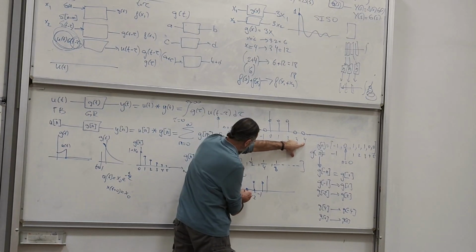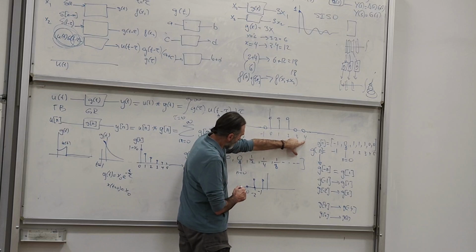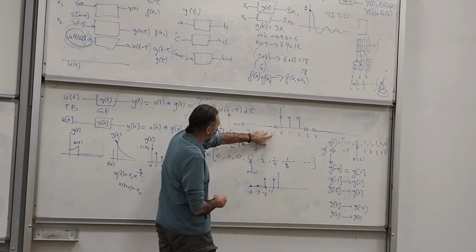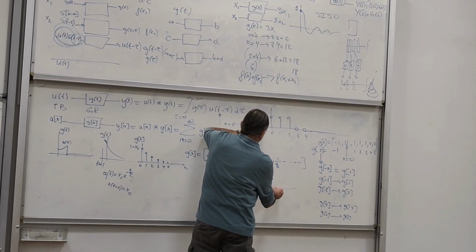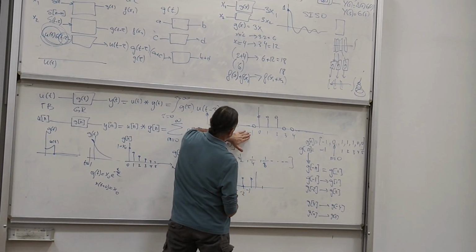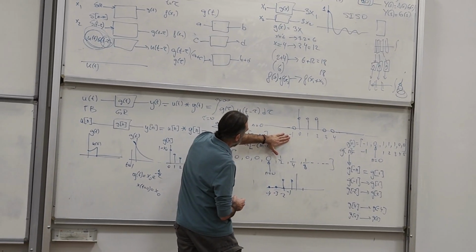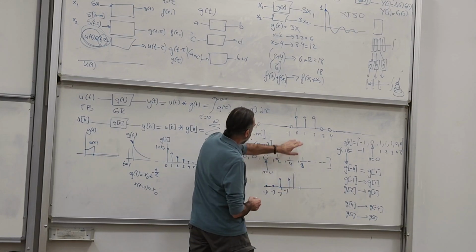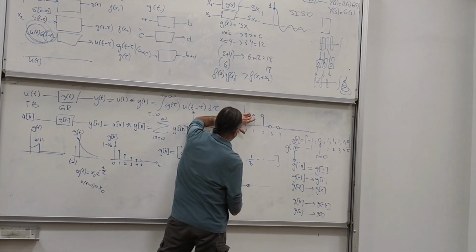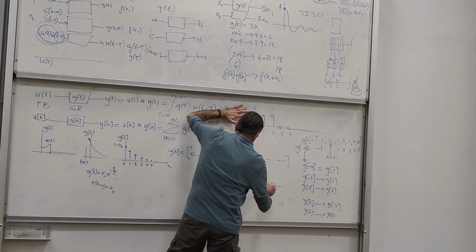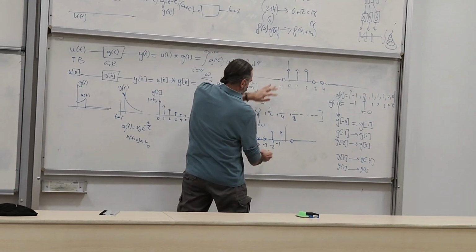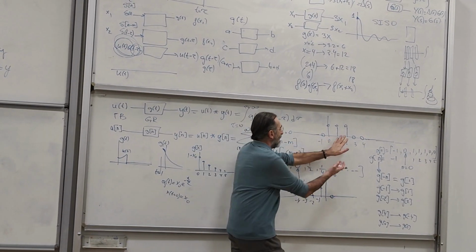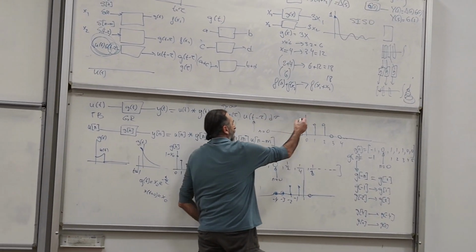G of minus 4 is going to turn into 0. Now g of minus 1 is going to turn into g of 1, so that's going to be 0, and then it's going to be nothing anymore. So look what I have done to the signal. I have taken this and swapped it across the y-axis.